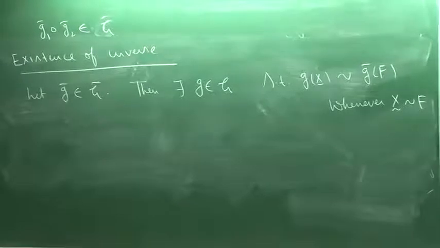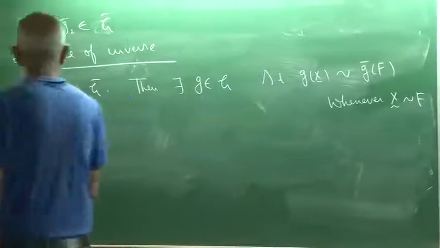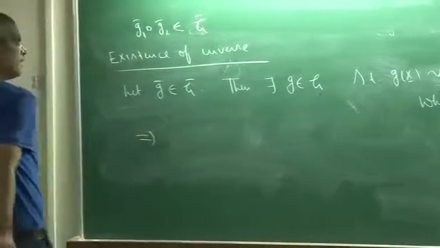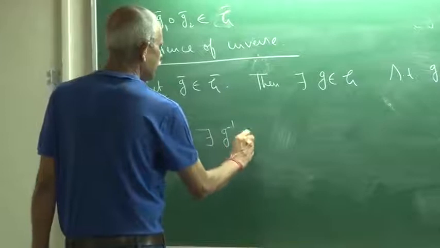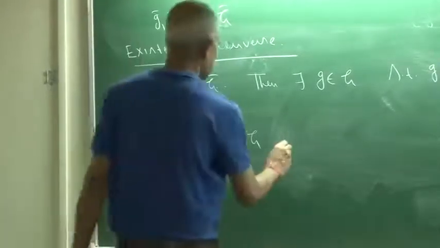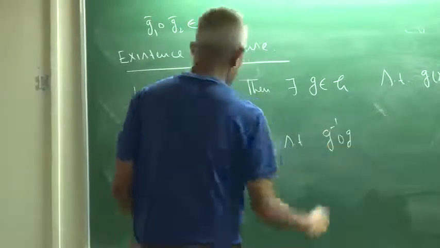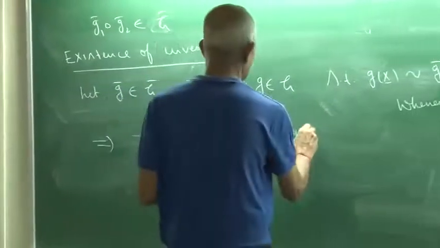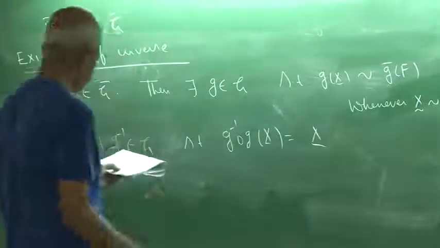Now, once you have G in G and G is a group, there is an inverse corresponding to this. So this implies that there exists a G inverse belonging to G such that G inverse composition G x is the same as x.